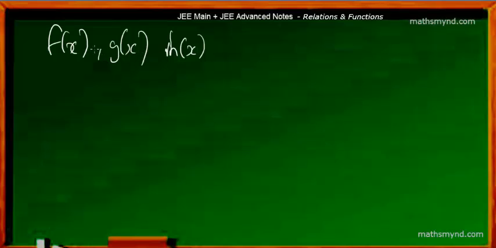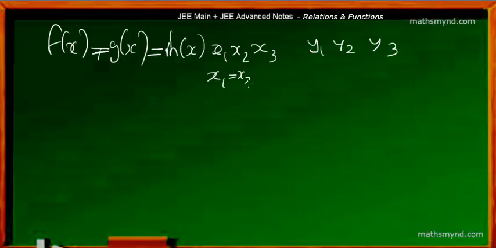That is, f of x would be equal to g of x, and g of x would be equal to h of x if the outputs are y1, y2, and y3, and their inputs are x1, x2, and x3, then naturally x1 should be equal to x2, and that should be equal to x3, and the outputs also should be equal. Only the process would be different. That's why they are called equal functions.